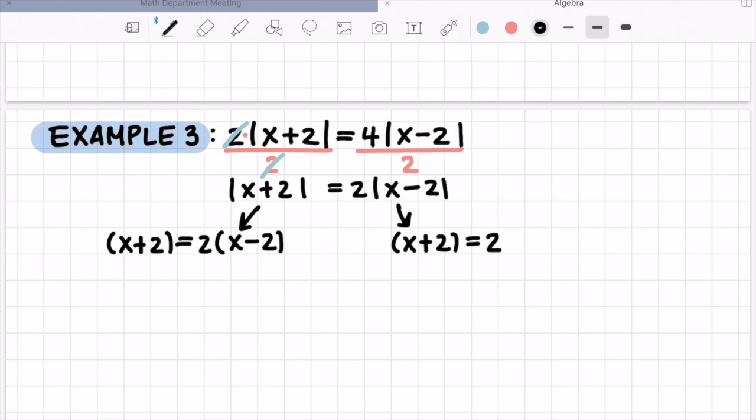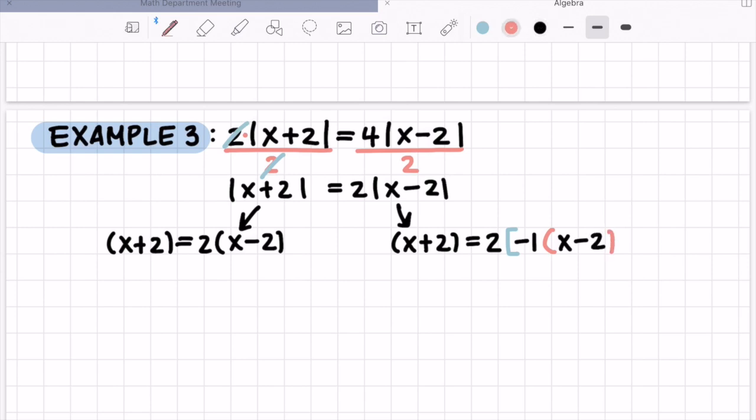So I get my 2, and I'm going to add brackets because the only thing I want to multiply my -1 with is my absolute value. So I'm going to cut off the 2 from my absolute value, and that's where I'm going to write down that I want to multiply -1 with the parenthesis of x minus 2.